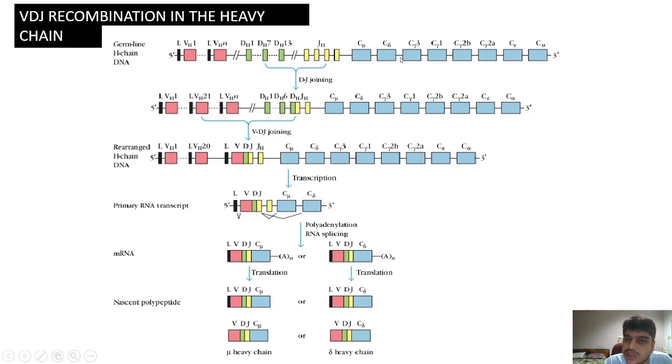What these switch segments do is, if there is a switch segment here and a switch segment here, once a B cell is activated by an antigen, and you know what class or isotype is to be produced, this switch region and this switch region just loop together, and this switch region goes into this place, and here you get a new switch region which recombines with the VDJ.